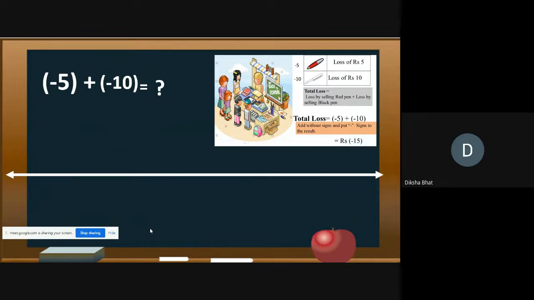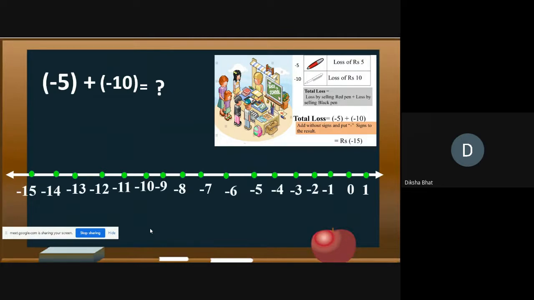So in order to find the answer using number line, first draw a number line. As you all said, the first integer is negative 5. So jump from 0, jump to the left, take 5 jumps to the left. Where you all will reach? Negative 5. Yes, correct.